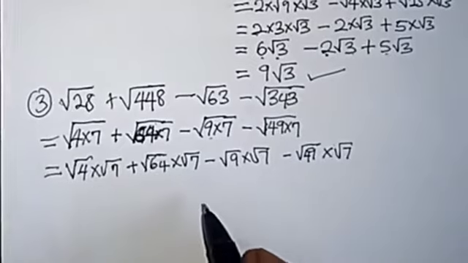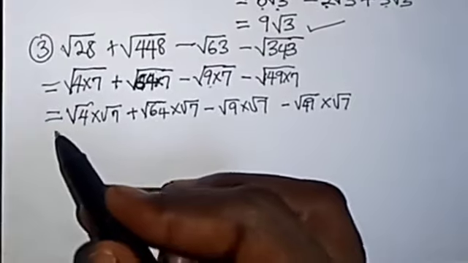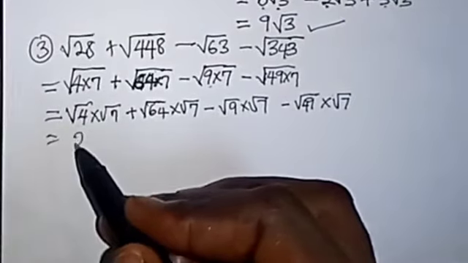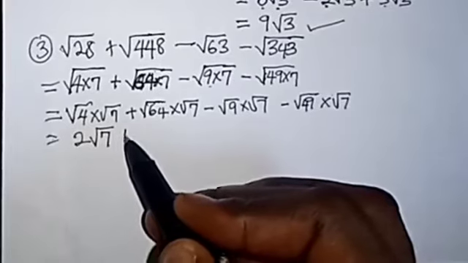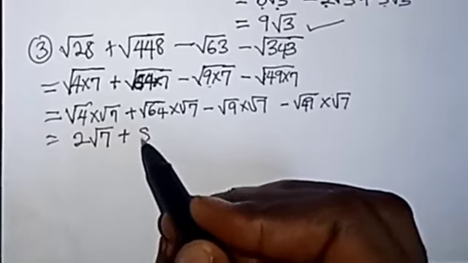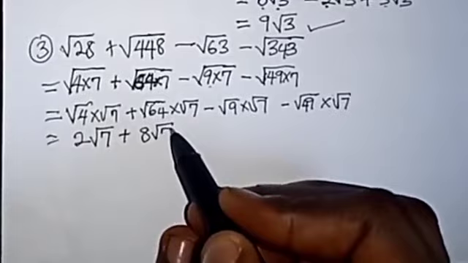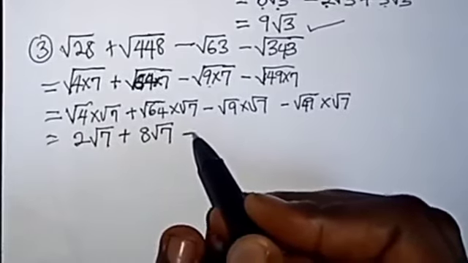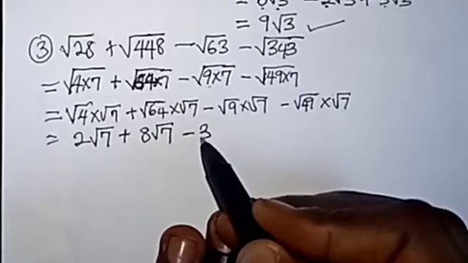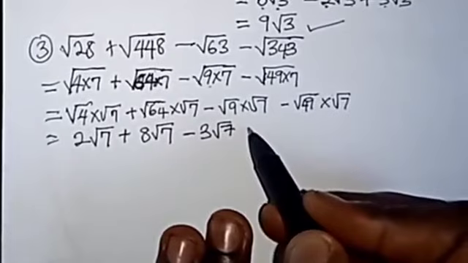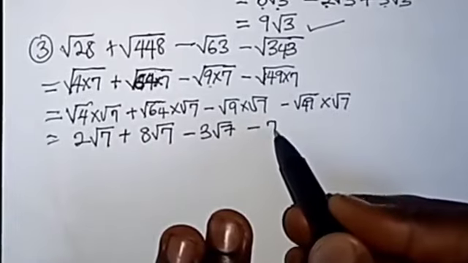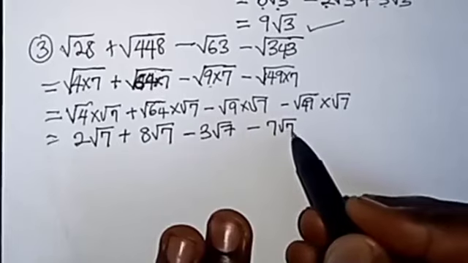Now in this case, square root of 4 will give me 2 multiplied by square root of 7, plus square root of 64 will give me 8 multiplied by square root of 7, minus square root of 9 will give me 3 multiplied by square root of 7, minus square root of 49 will give me 7 multiplied by square root of 7.